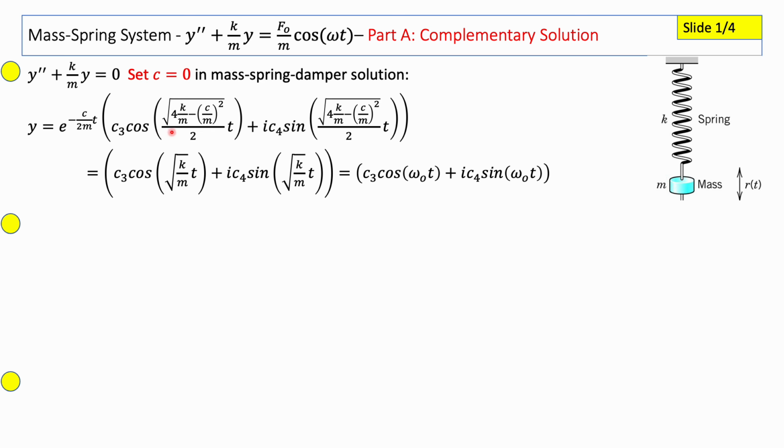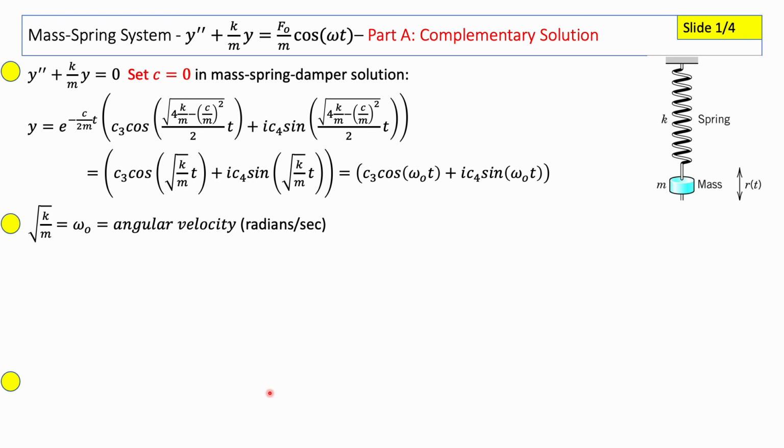And over here, when c over m is 0, because there's no damping, the square root of 4k over m gives 2 square root of k over m, the 2 and 2 cancel, and you get square root of k over m t, plus i c4 sine square root of k over m t, which is again c3 cosine omega naught t plus i c4 sine omega naught t. Notice here, by setting the damping coefficient equal to 0, you got the solution for a mass spring system, and here omega naught is square root of k over m.